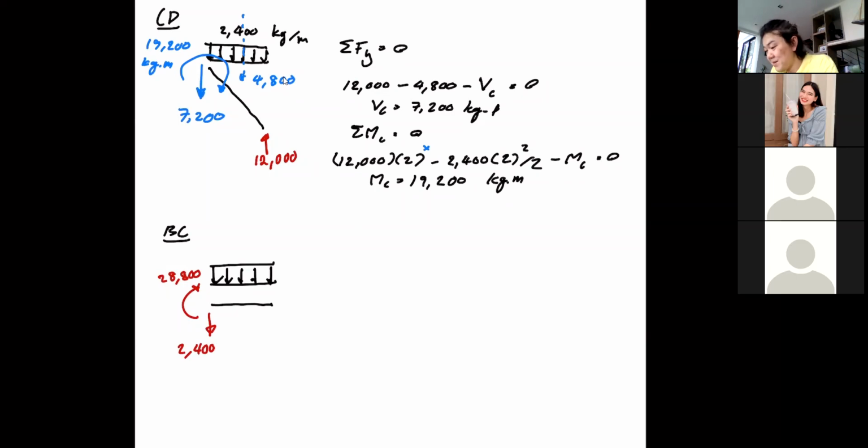And from member CD, let me change the color a little bit so that you can realize that we have 2200 up, so you have 2200 up. You have clockwise moment, so this becomes counterclockwise of 19200. Okay, and what's the total load here? That's 2 meters. So the total load here is 4800, right?